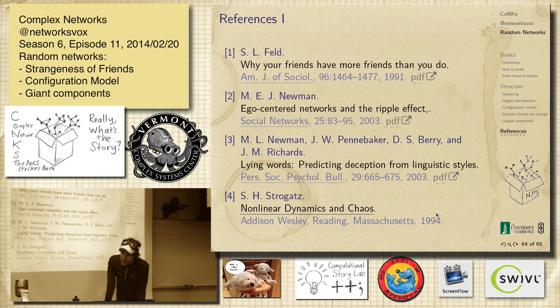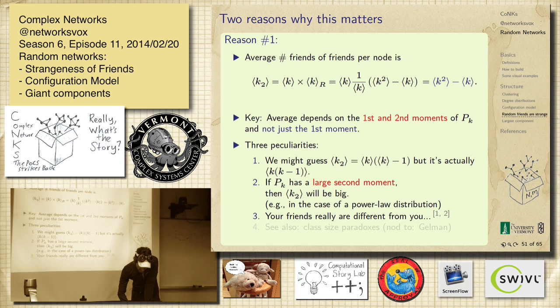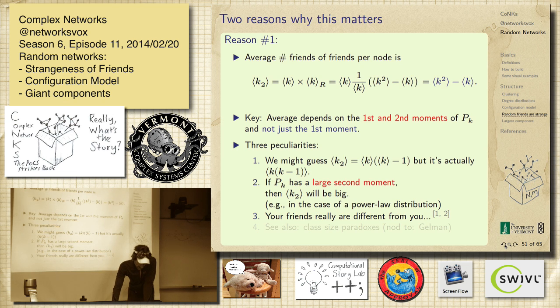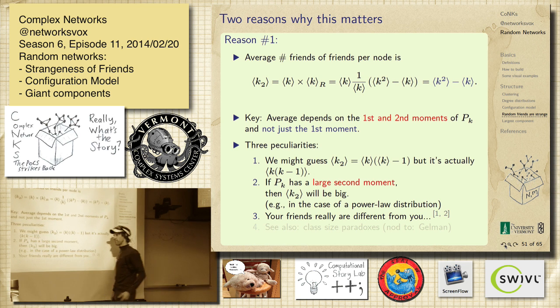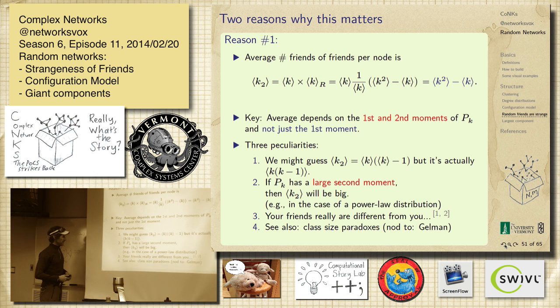It's in the American Journal of Sociology, one of the top journals. It's 1991, so of course this is before physicists came along and rediscovered many things. The next one is ego-centered networks and the ripple effect. This is Newman, but he actually called it why your friends are weird. The straight-out statement is that they have more friends than you, which is really bad.